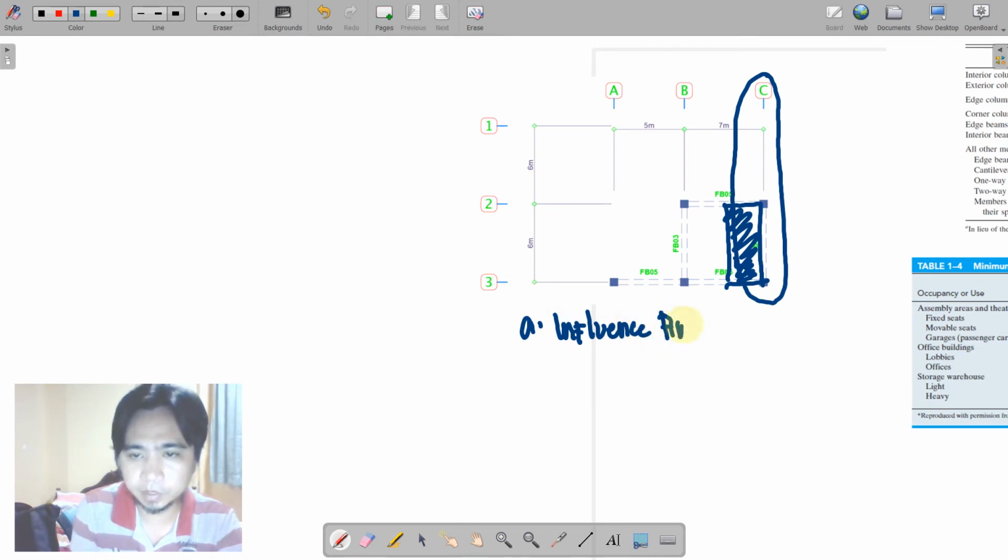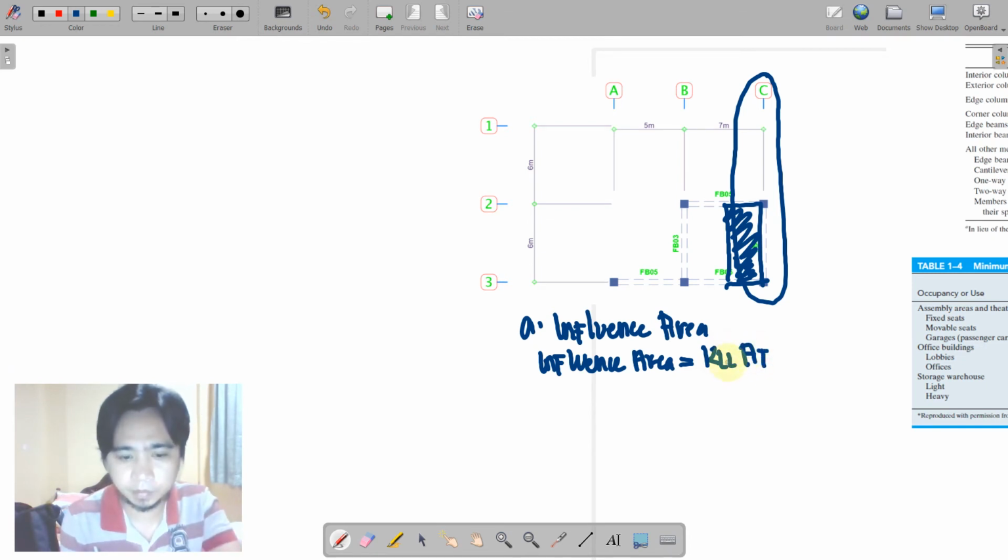As we all know, the influence area is equivalent to KLL times the tributary area, where KLL is the live load element factor and AT is the tributary area.